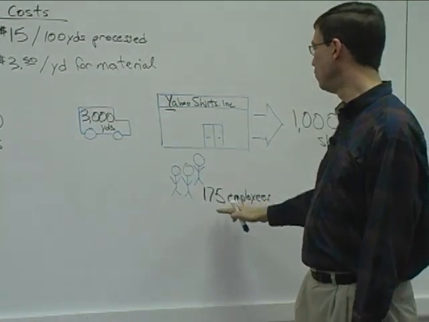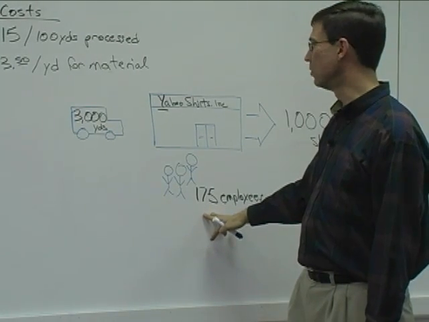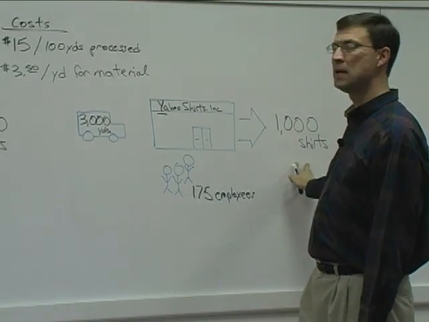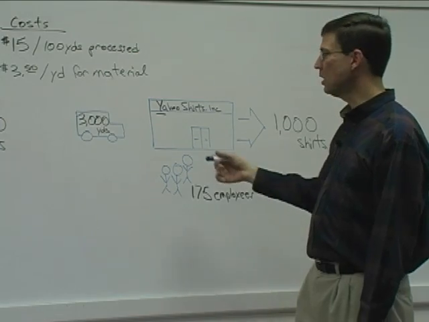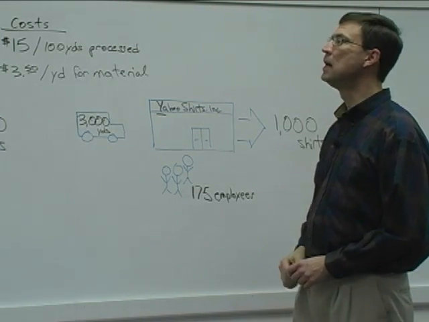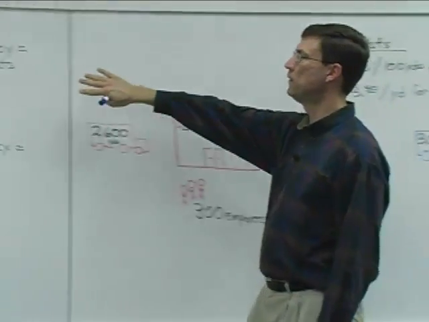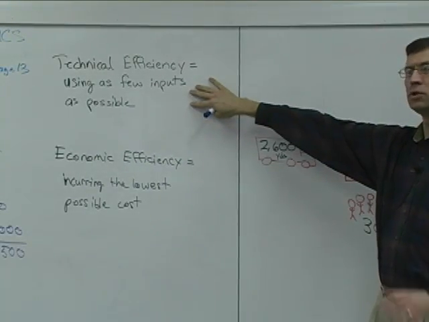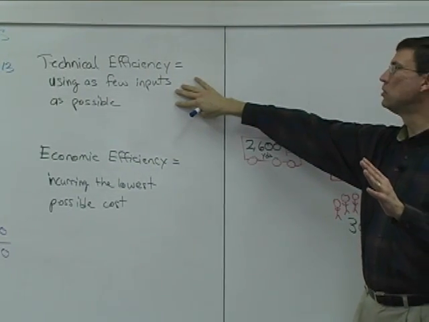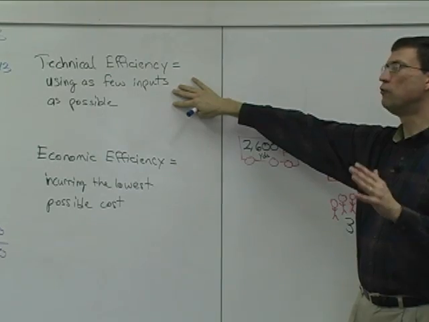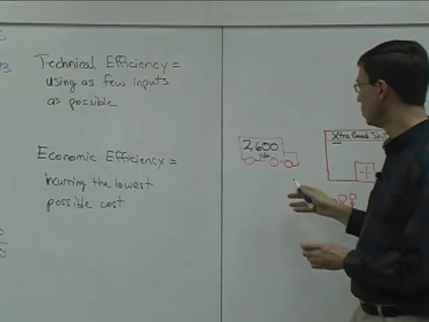More material, fewer workers, 175 workers, producing the same number of shirts. So let's first calculate the technical efficiency. Remember, it's just counting the number of inputs to decide which has fewer inputs.